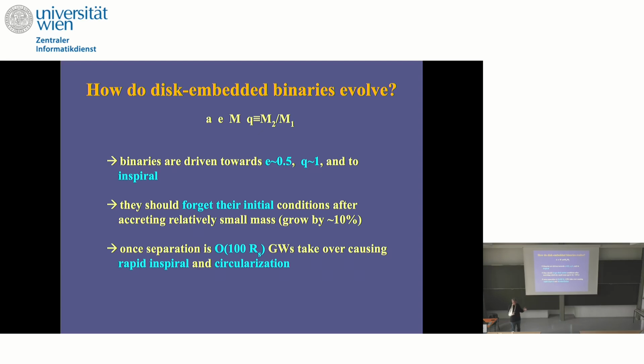The in-spiral rate caused by gravitational waves, I think I already said this yesterday, is a very steep function of separation. The power in gravitational waves goes as a to the fourth.